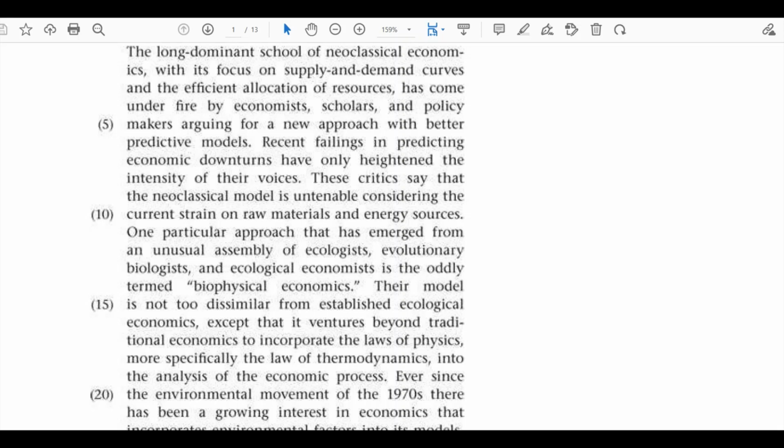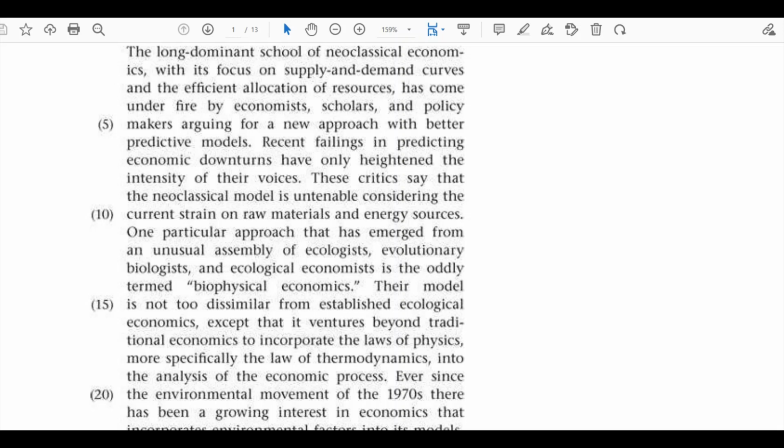Recent failings in predicting economic downturns have only heightened the intensity of their voices. These critics say that the neoclassical model is untenable, considering the current strain on raw materials and energy sources.